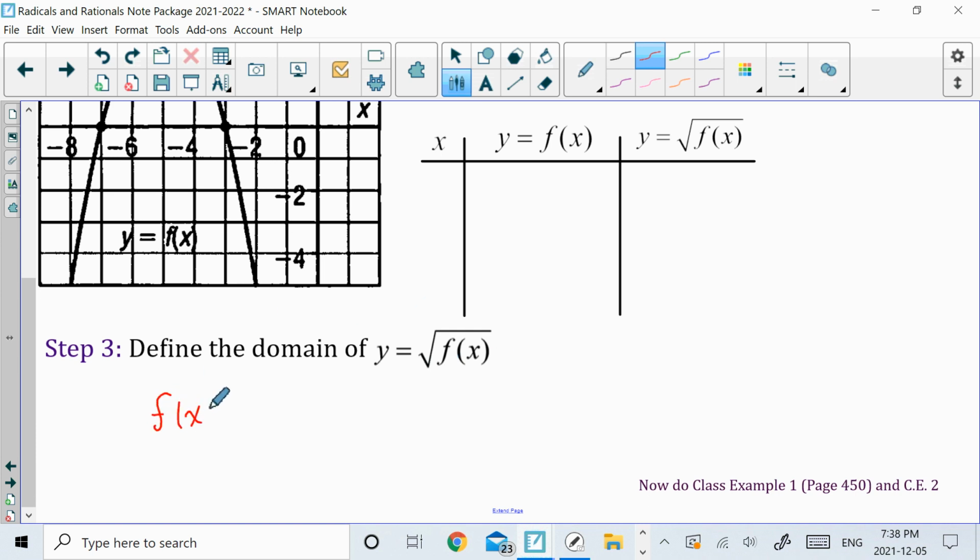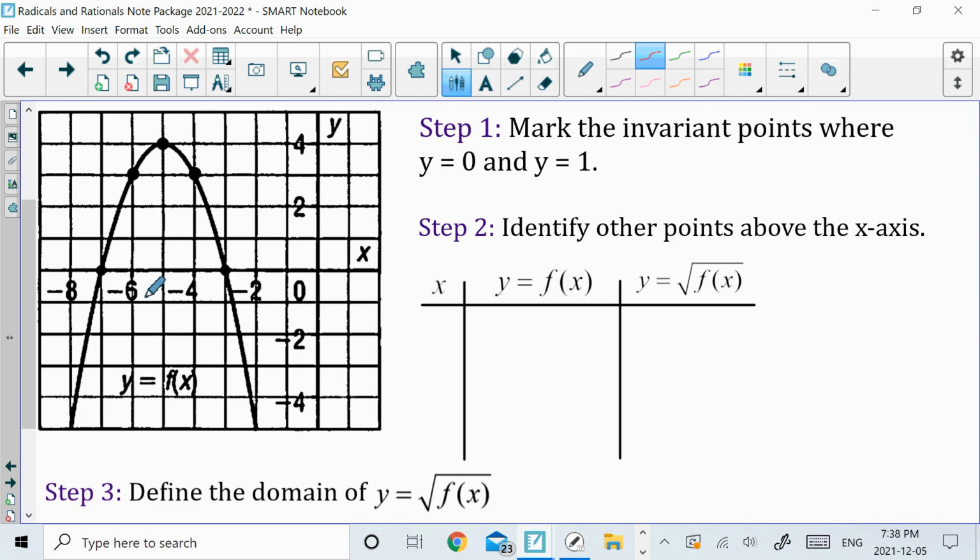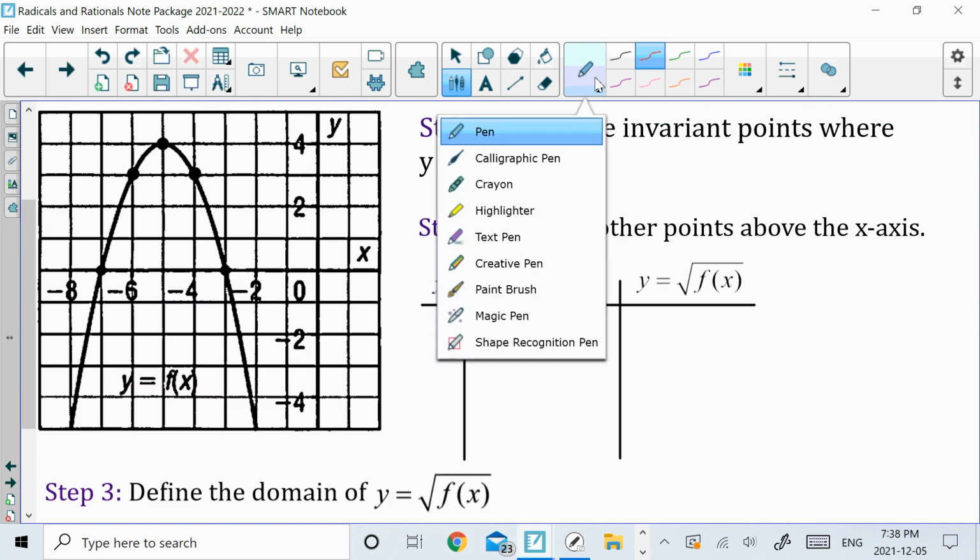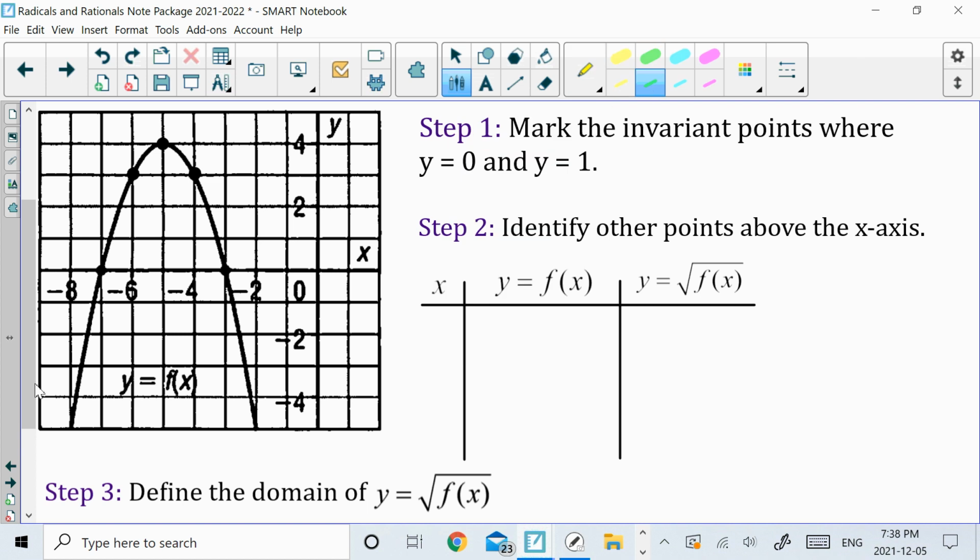The original function is my quadratic f of x, and we're going to look at the piece or pieces of the graph that are greater than or equal to 0, because we cannot take the square root of a negative number. I'm just going to use a highlighter to show you this. Remember, any piece of your graph that is above the x-axis, that would be this here.